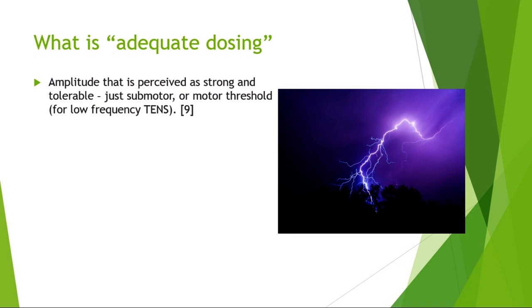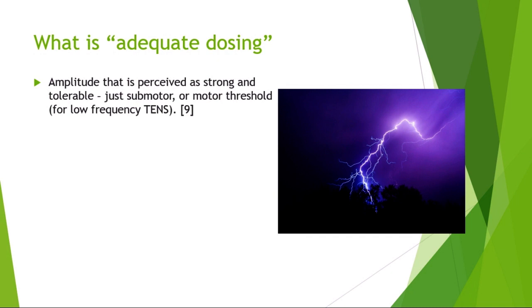Honestly, until recently, I always used to say to people that it should feel strong but still comfortable. And actually, the amplitude should be almost not comfortable. It should be tolerable but really strong. And if you're doing a sensory application, it needs to be just sub-motor. Like if you turn it up one more setting, you would get motor twitching.